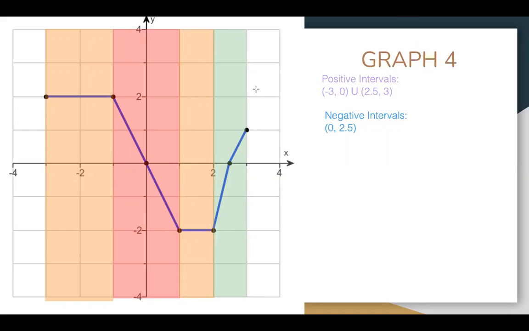So here are our increasing, decreasing, and constant intervals. Increasing, it only did that at the very end, from about 2 to 3. Decreasing, it did once in the middle, from -1 to +1. Let me put those numbers back so we can see.